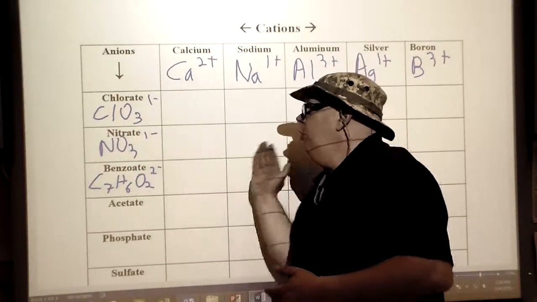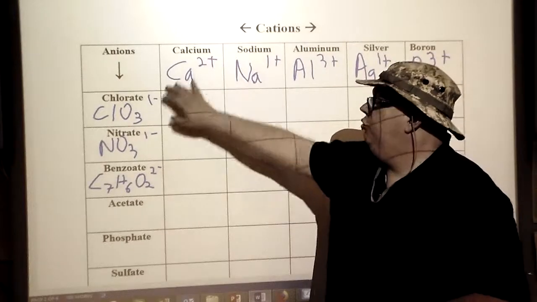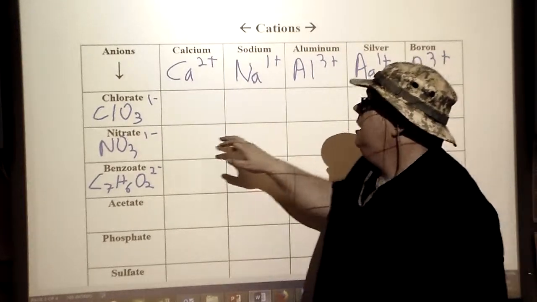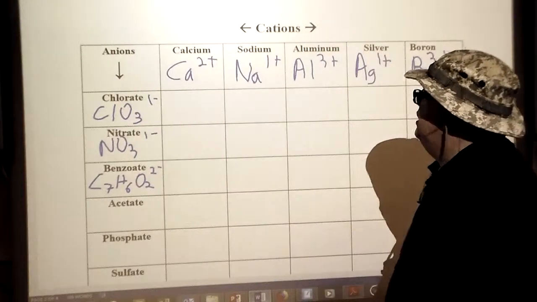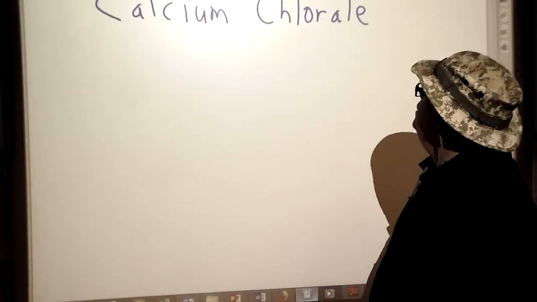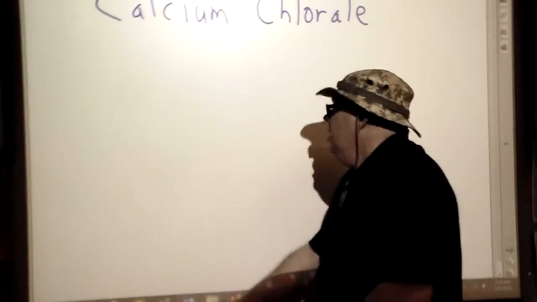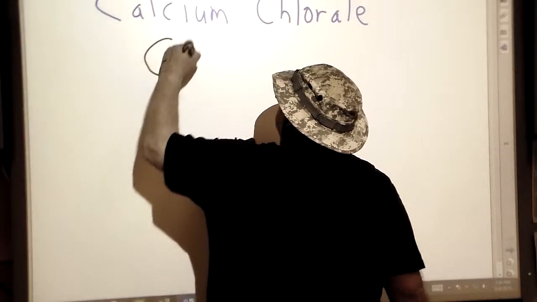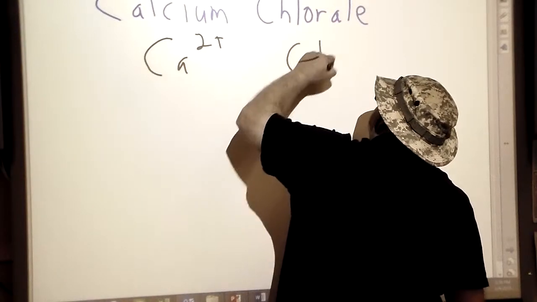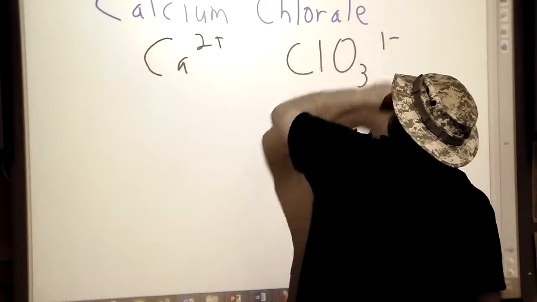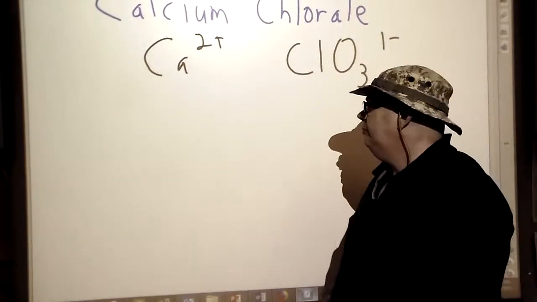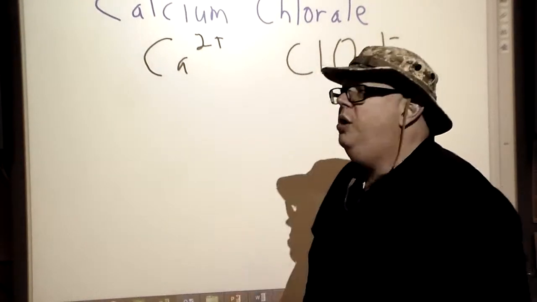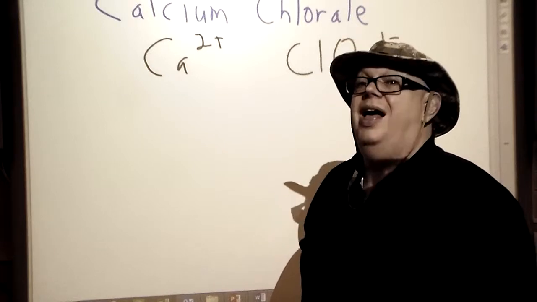But so here, I'm going to work through a few of these with you guys so that you get to see what that looks like. So let's go with calcium chlorate. Now calcium, you guys already know it's a 2+. Chlorate is ClO3 with a -1 charge to it. Now, here's the thing. What part goes in front of the formula?